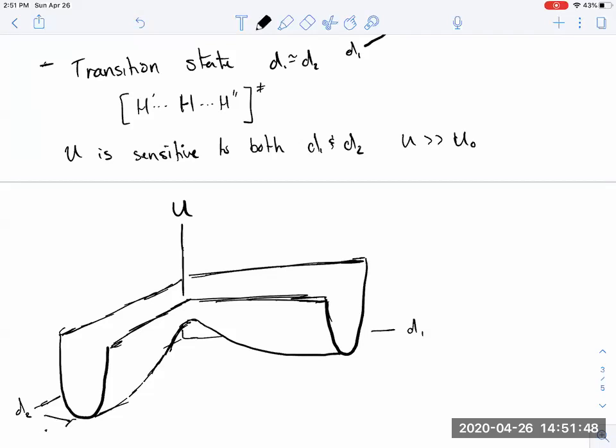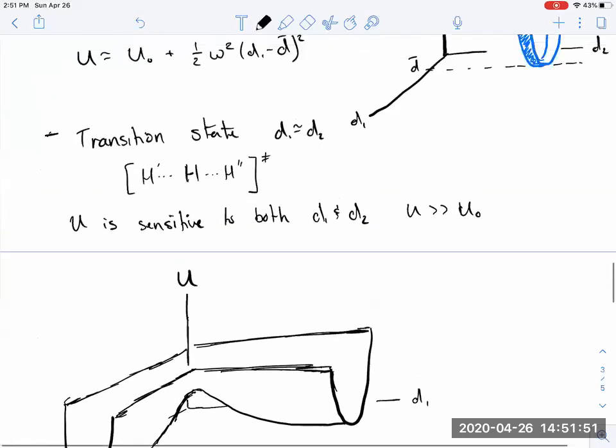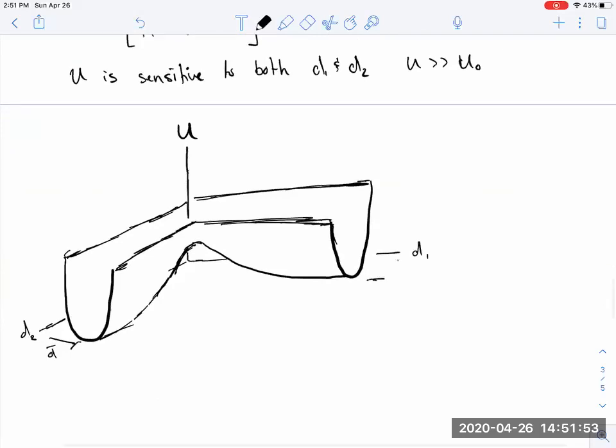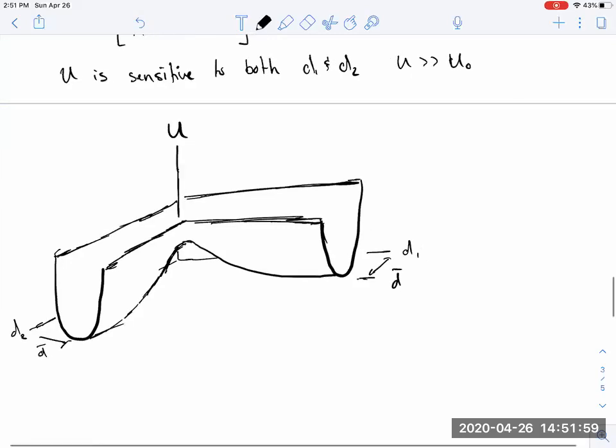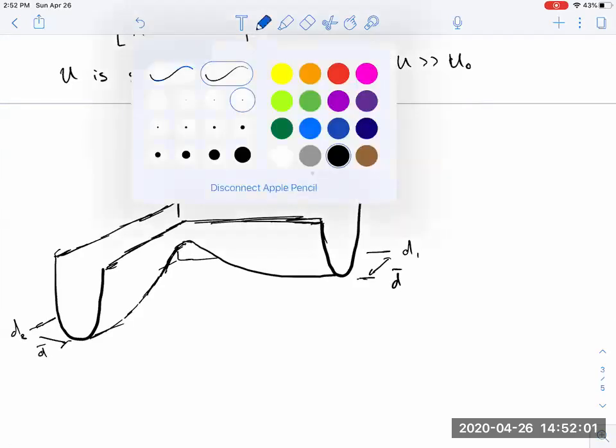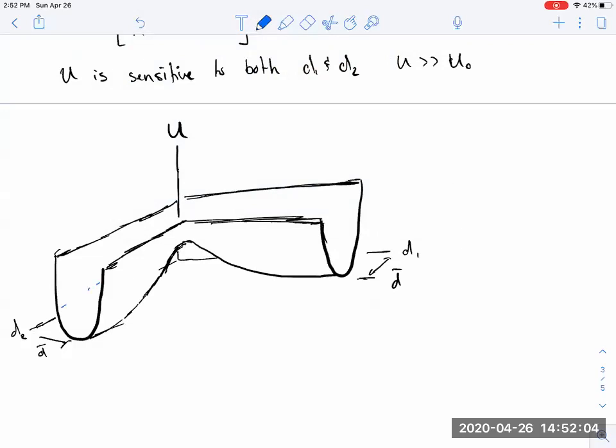So there's our offset for D bar. Oops, sorry. Here's our offset for D bar into the product state. We have some contour lines we could draw, constant values of U, the potential. And they would look something like that.